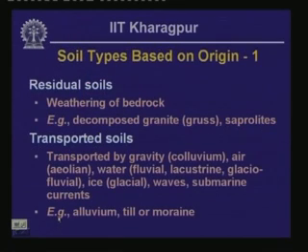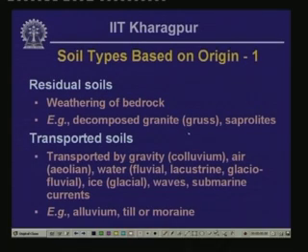Okay. Now we consider soil types based on the formation process. As I indicated, residual soils form out of weathering of bedrock, and an example of that is decomposed granite. In some places they are also given the name grus or saprolite.